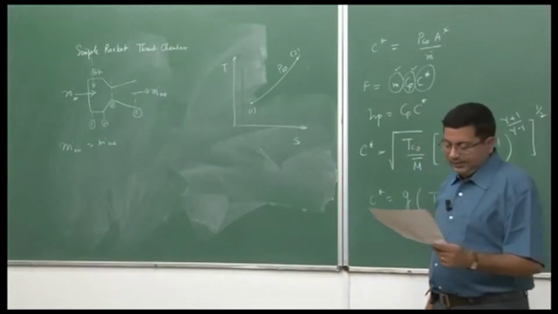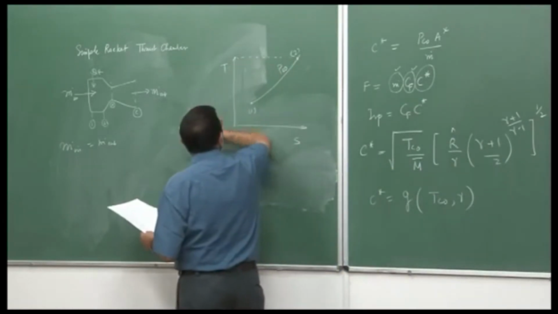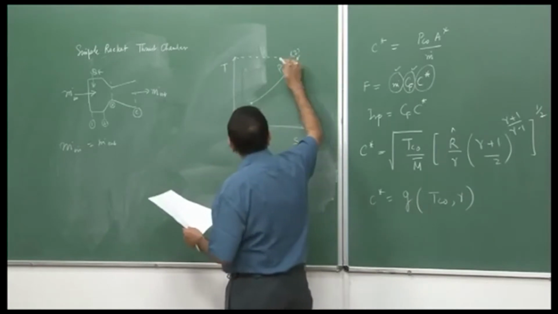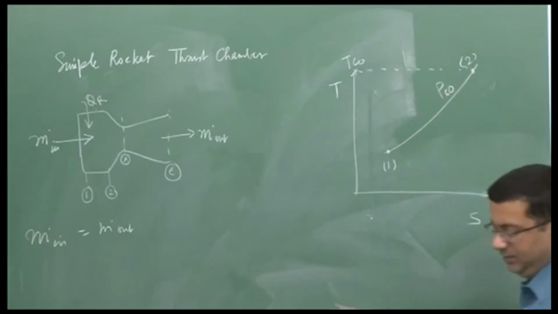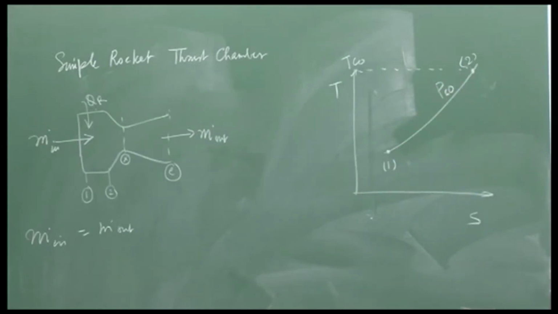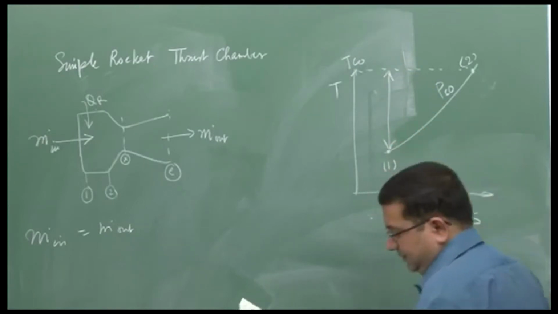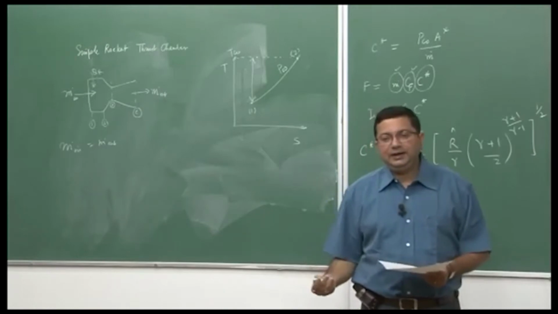Now, because of the heat addition, there is an increase in temperature, right. So, the temperature here at 2 is now T c naught. So, this is the chamber temperature. Now, this rise in temperature depends on the amount of heat that is added, right.